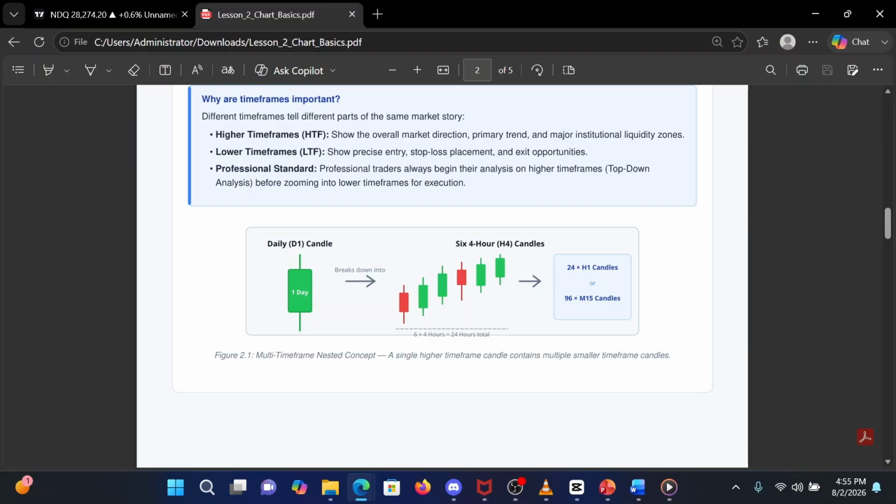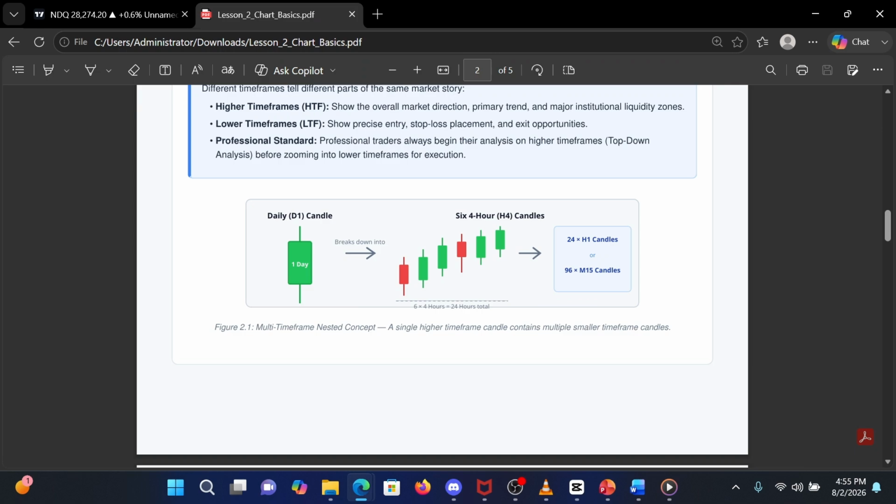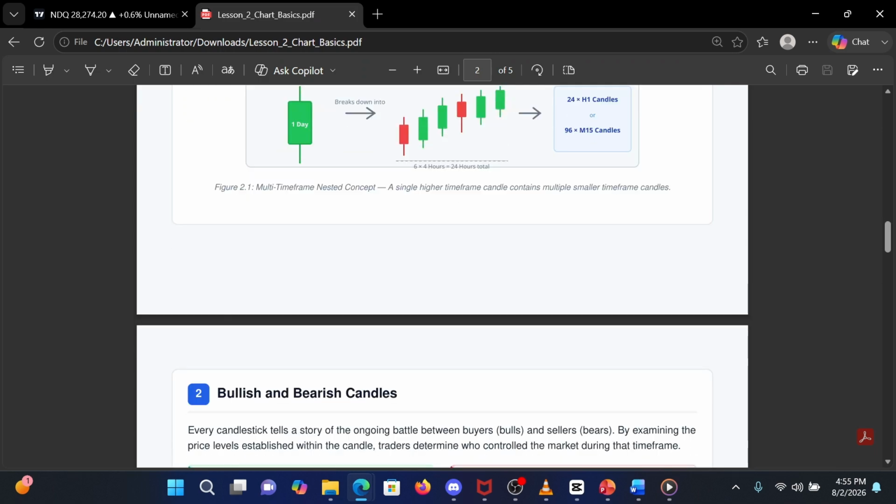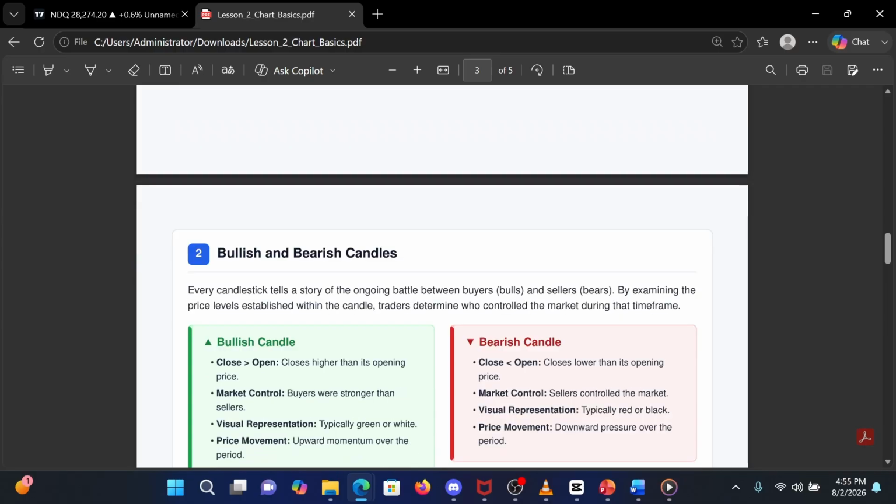On the 1 hour chart, it takes 24 candles to form one daily candle, and on the 15 minutes it takes 96 candles to form one daily candlestick. We shall look at that later on. Don't get confused, it's not that complicated. The more your eyes get used to the charts, the easier it becomes for you.